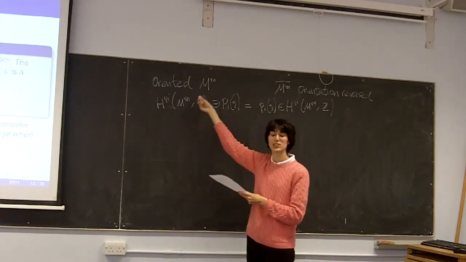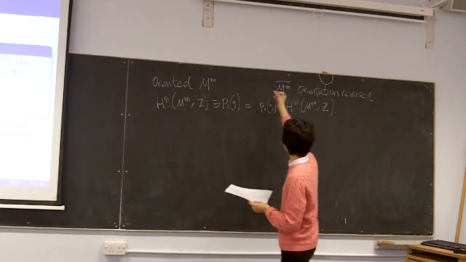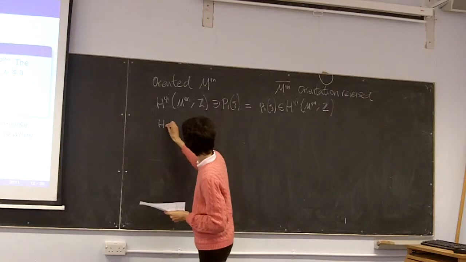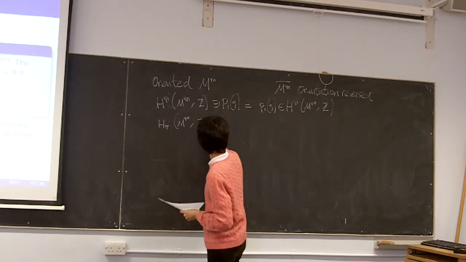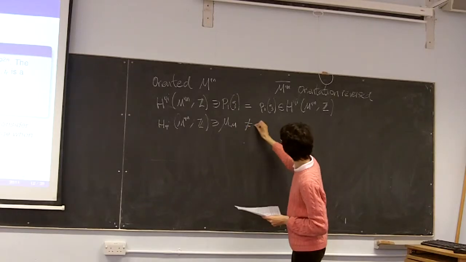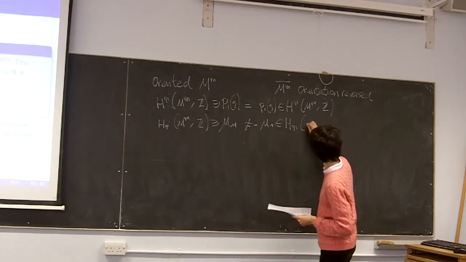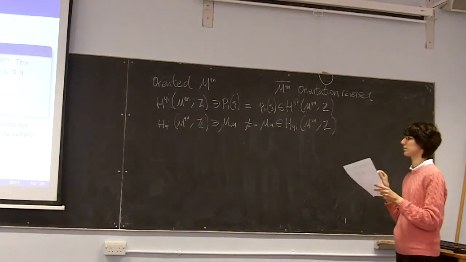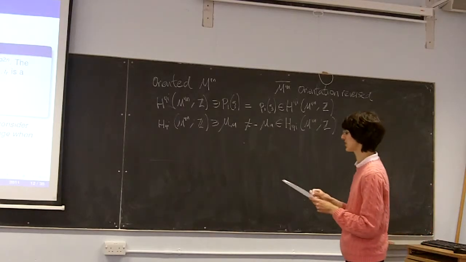The fundamental class or orientation class here is going to be, say, plus, and here it is going to be the same but minus. So Pontryagin classes stay the same, but the orientation class, the fundamental class, changes sign.